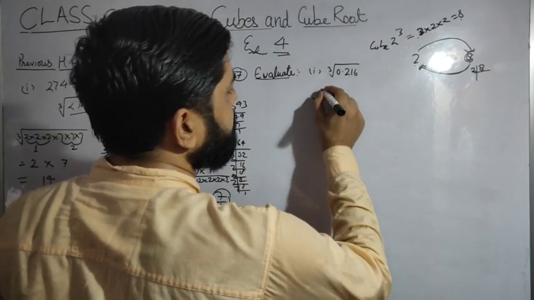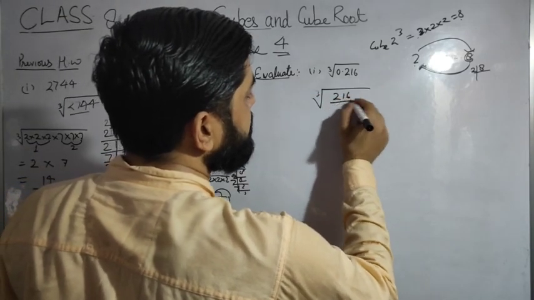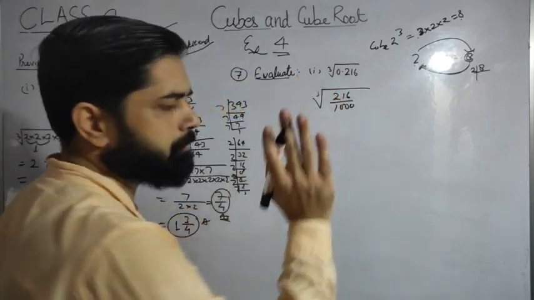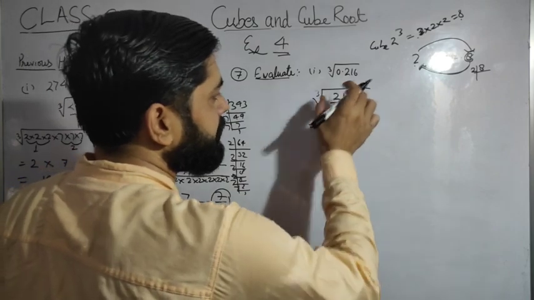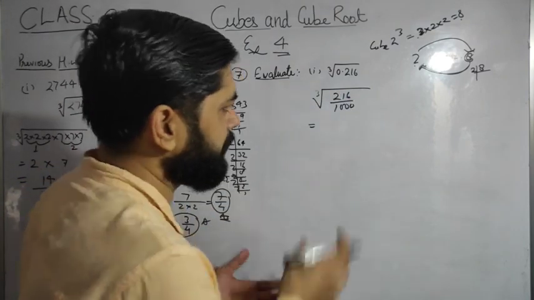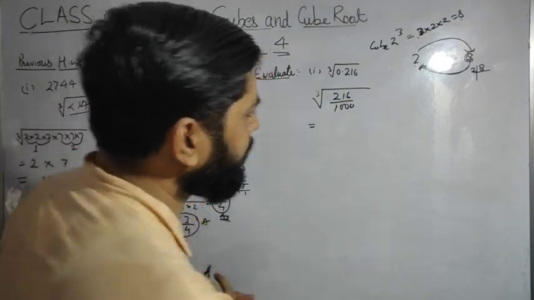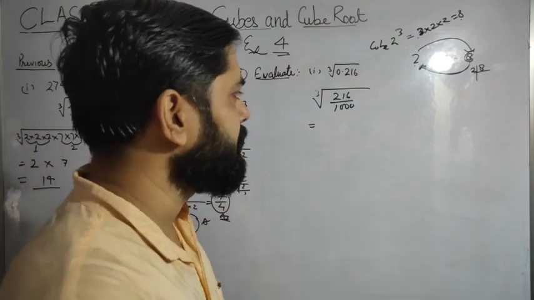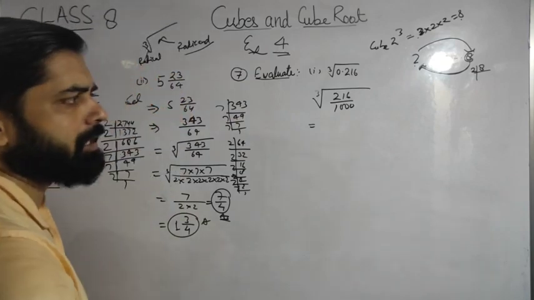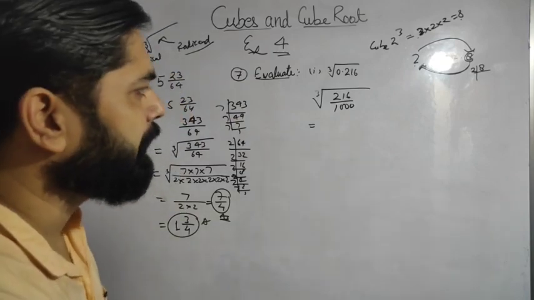What is the fraction form of this number? 216 upon 1000. Understood? Yes or no? Yes, good. Then write the prime factors of these numbers. How can we write the prime factors of 216 and 1000? This is very easy. We can easily write the prime factors of 216 and 1000.